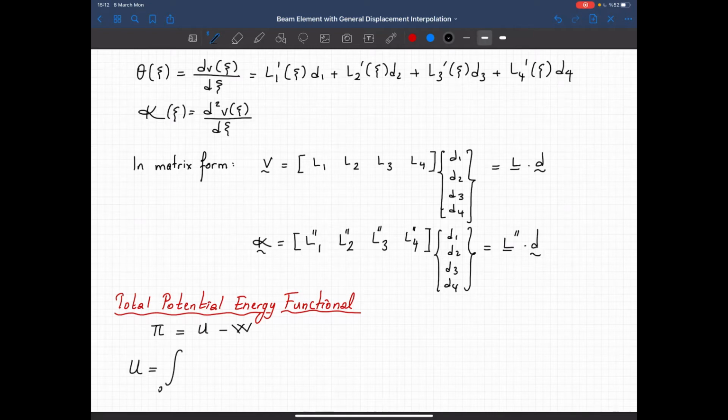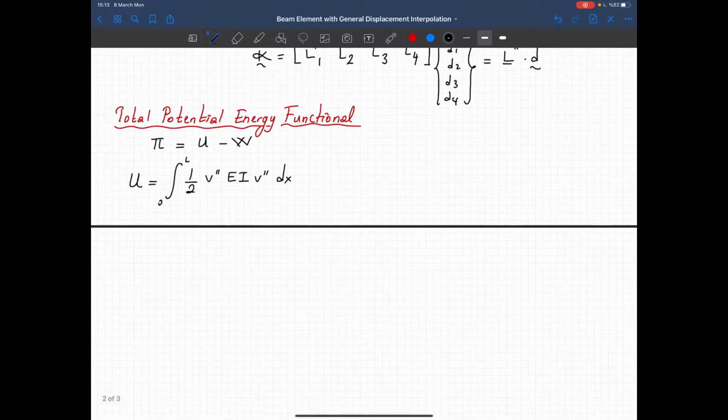We have the integral from 0 to L of 1 over 2 curvature, let's write it this way first, 1 over 2 V double dot EI V double dot dx.